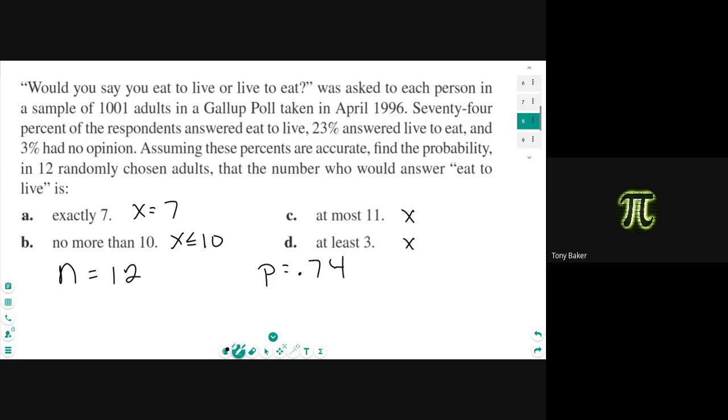It's less than or equal to 11. So yeah, at most and no more than kind of mean the same thing. At least 3. Go ahead. Was it greater than 3? Almost. Greater than or equal to? Yeah.